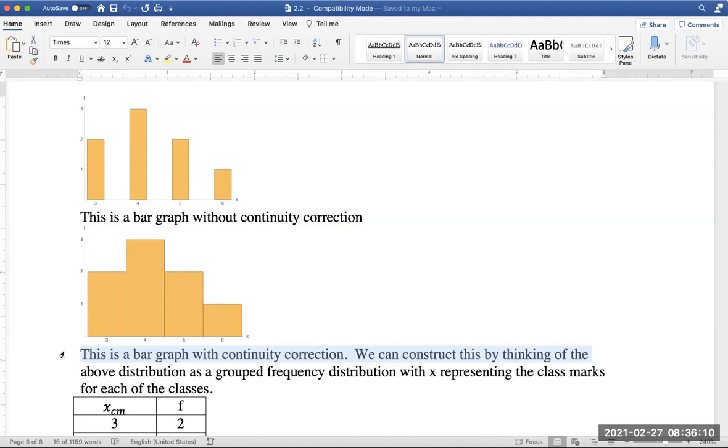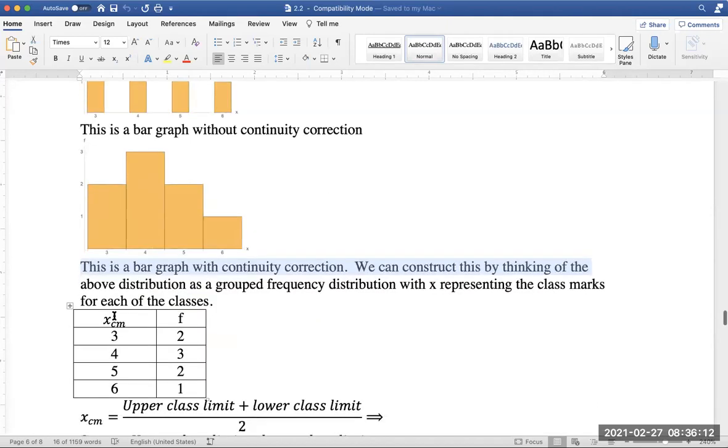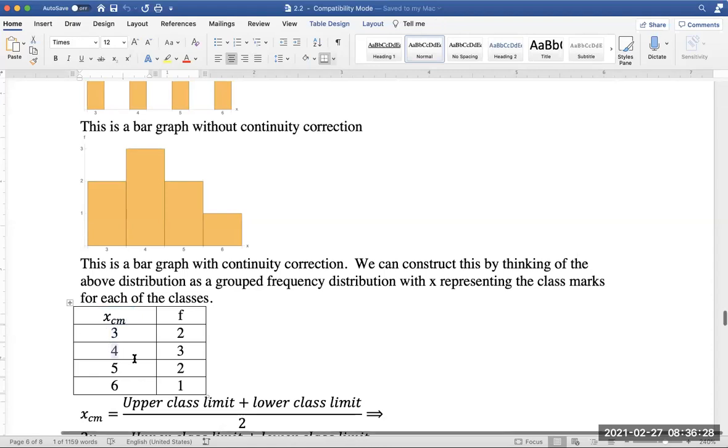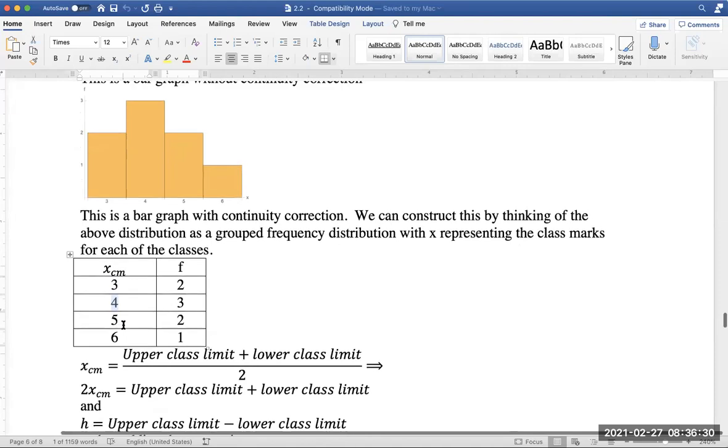Basically what we've done is we have considered each of those pieces of data as being class marks for particular classes. In this case, the class width is 1.